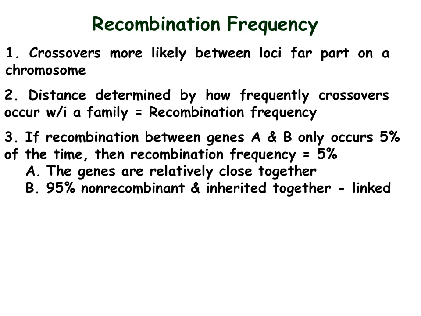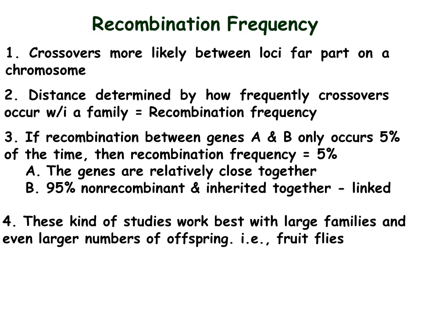Now, if the recombination between genes A and B only occurs about 5% of the time, then that is the recombination frequency, 5%. It's not occurring very often, and it means that the genes are very close together. That means 95% of the time you will not get a recombinant; they will be non-recombinant and inherited together, and therefore they are linked. And that is where we get linkage analysis.